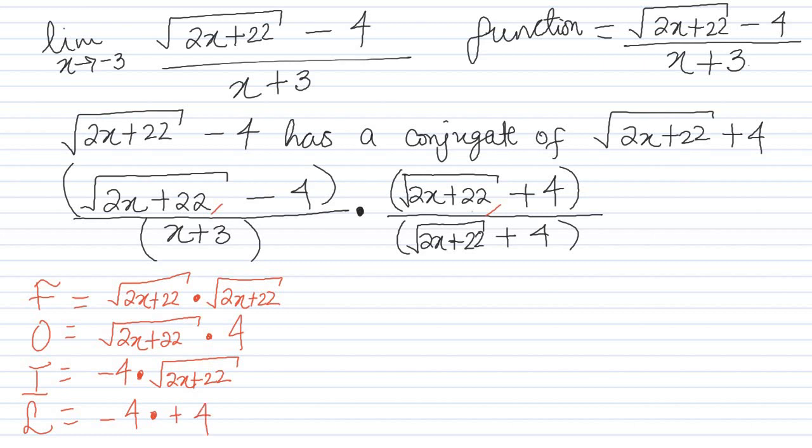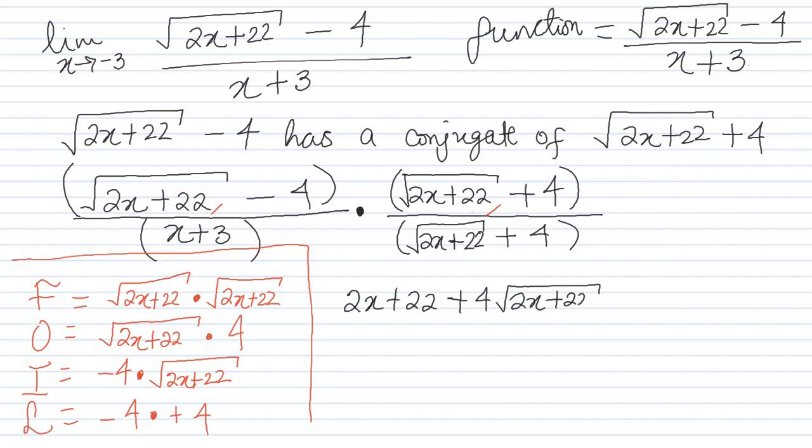Now, this is just a side note. We're going to continue. So we end up with 2x plus 22, plus 4 times the square root of 2x plus 22, minus 4 times the square root of 2x plus 22, and then minus 16.